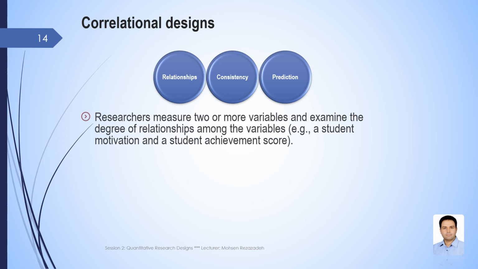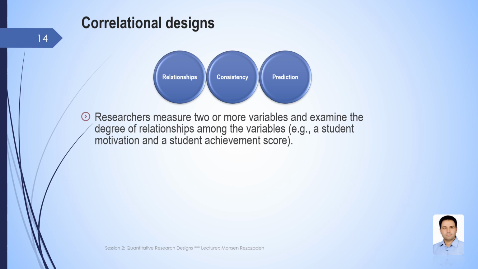Is there any relationship between performance on measures of L2 grammatical knowledge and learners' motivation? Or another example can be, is there any relationship between performance on measures of L2 grammatical knowledge and learners' anxiety rates?